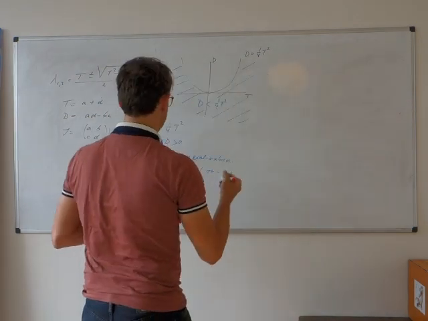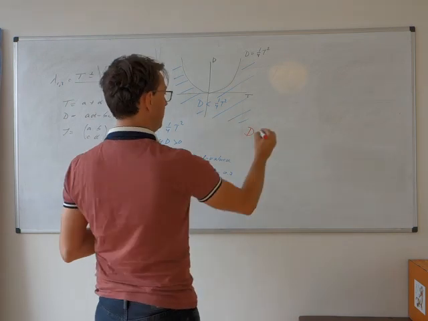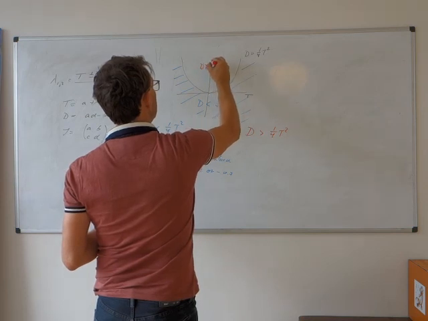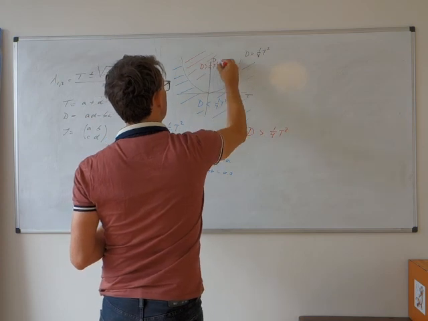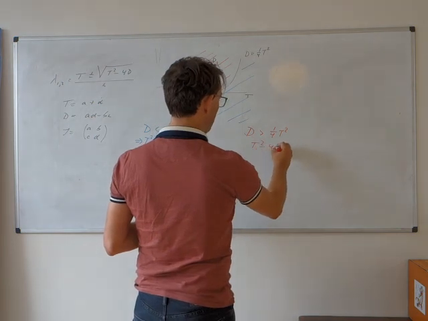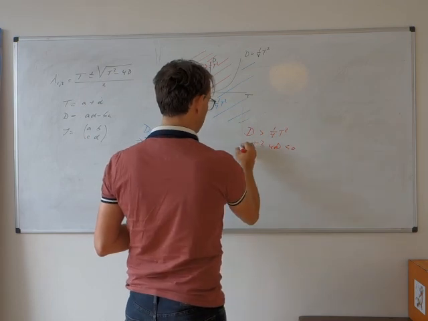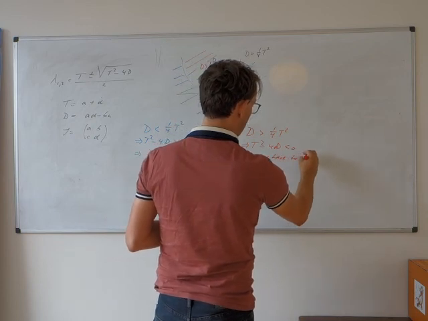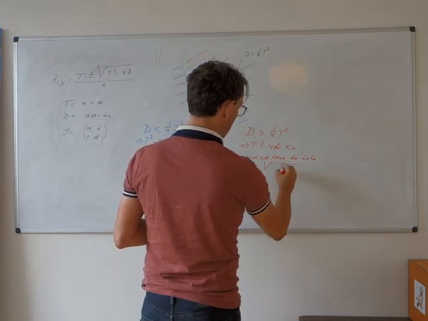And otherwise, when the d is larger than 1/4 t squared, now we're in this region, then t squared minus 4d, right, is negative, and we have to take the square root of a negative number.